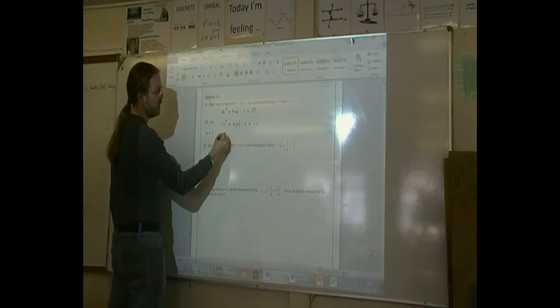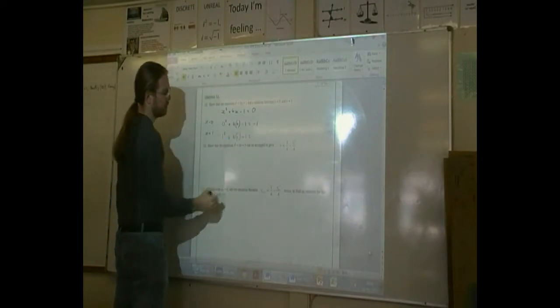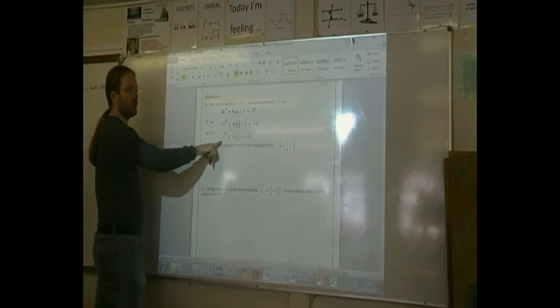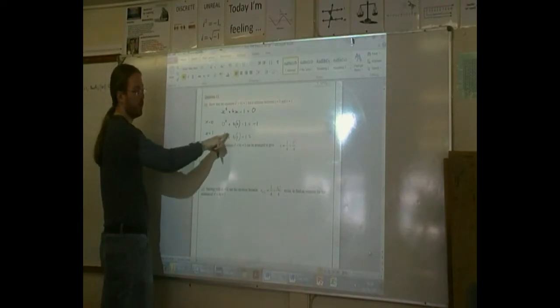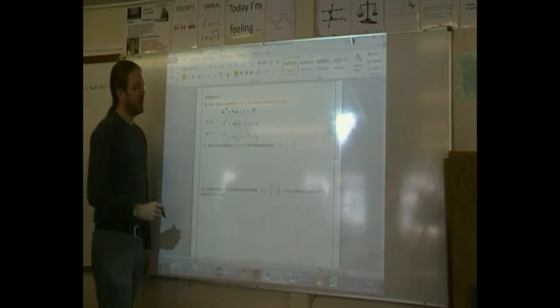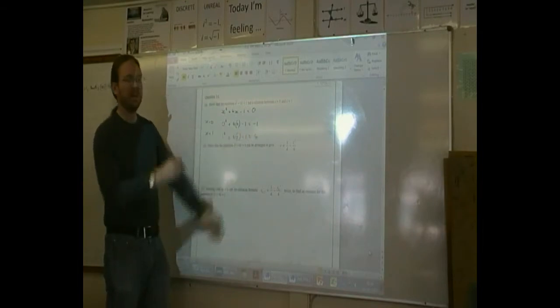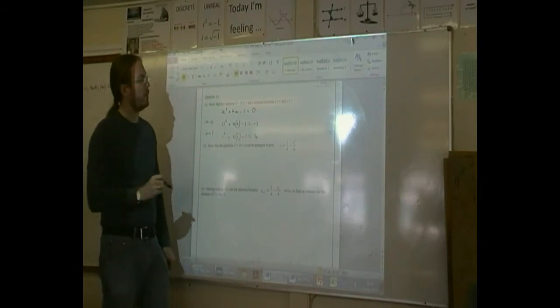So we'd have 1 cubed plus 4 lots of 1, take away 1. So 1 cubed is 1, 4 times 1 is 4, so 1 plus 4 is 5, take away 1, leaves you with 4. Now because that's a negative value and that's a positive value, it means it's crossing the 0 at some point in there, which means there must be a solution.